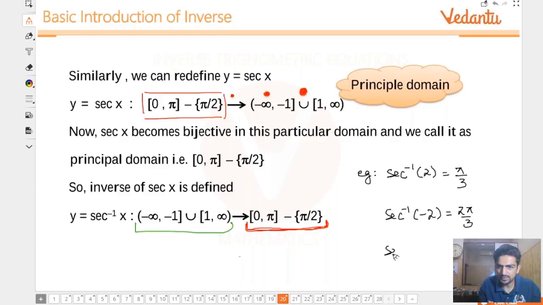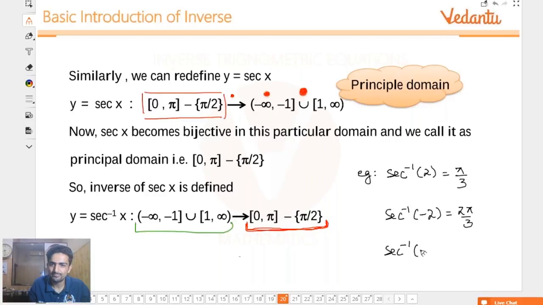Okay guys, now you tell me this. Secant inverse minus half. Very good.